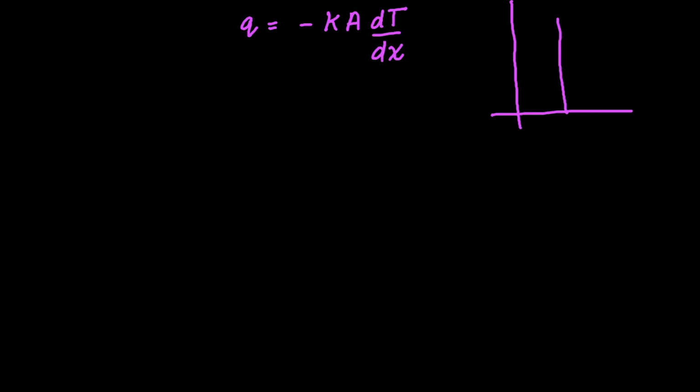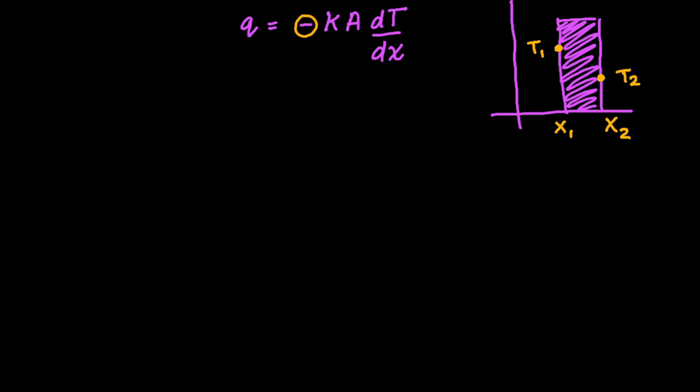So for recap, this is what we have. We have this Fourier's law saying this: negative K A dT over dx. Basically, if I draw this slab right here like this, let's say this is our x1 and this is our x2, this is our T1, and this is our T2.